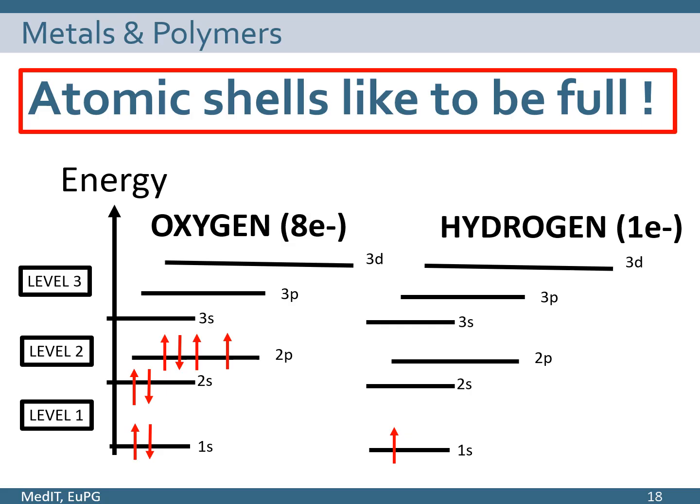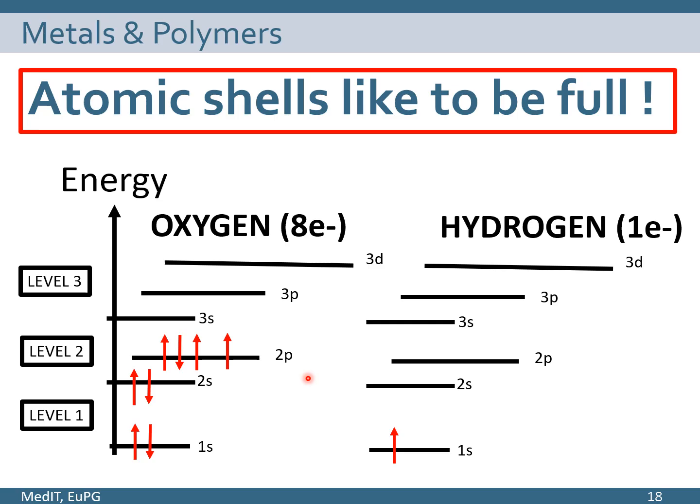We have 3 2p orbitals. So we should have 6 electrons in this 2p orbital to have it completely full. So oxygen is missing 2 electrons. And oxygen will do everything it can to get them.